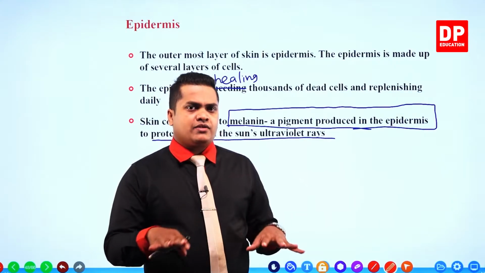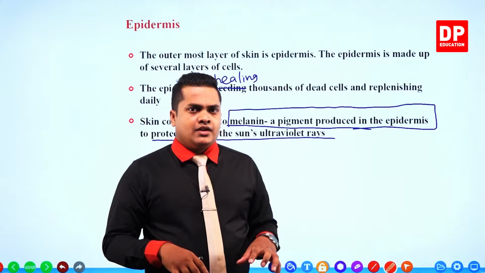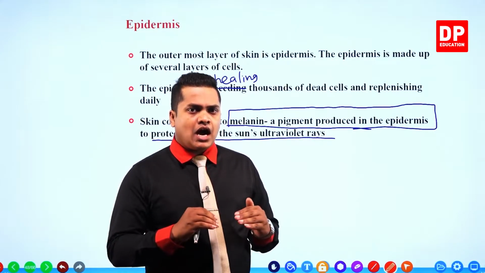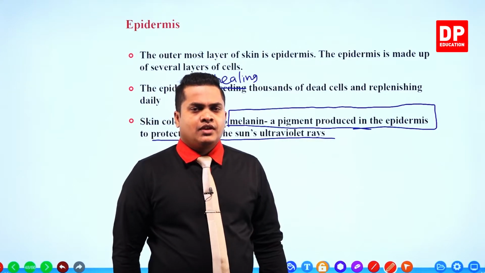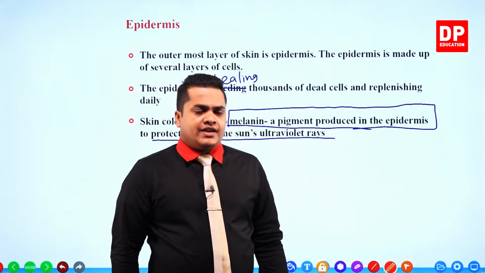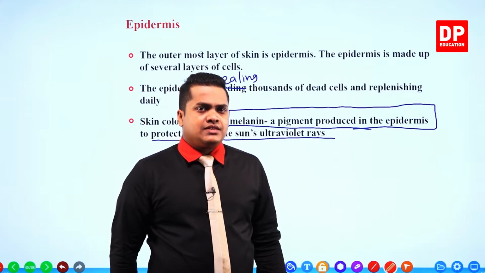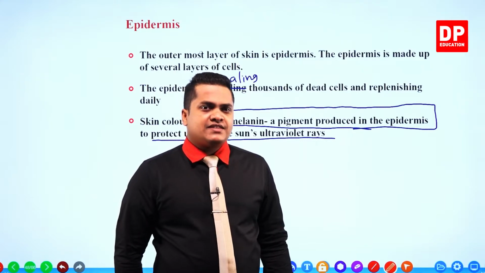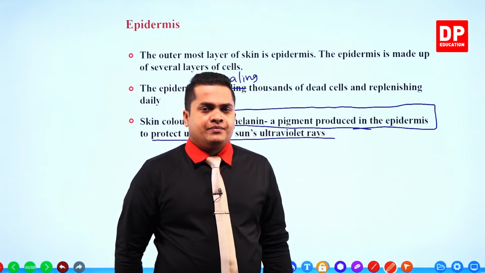Now if you take people in tropical countries, they have dark colored skin. Because most of the time in tropical countries, Sri Lanka is a good example of a tropical country, we receive plenty of sunlight throughout the year.